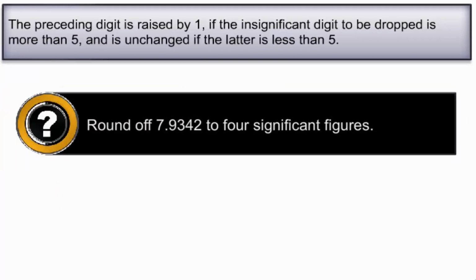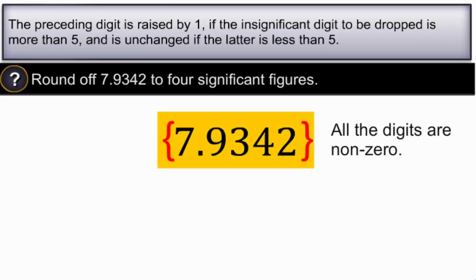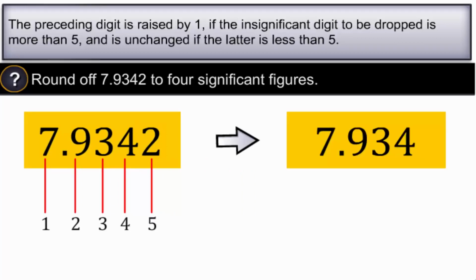Round off 7.9342 to 4 significant figures. This number has non-zero digits and there are 5 significant figures. In the decimal place, we will round off 2, resulting in the number 7.934 as the number to be dropped, which is 2, is less than 5.